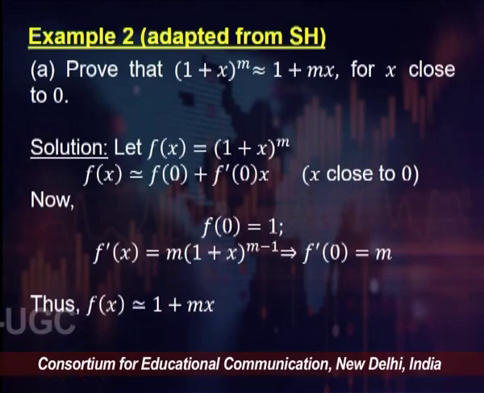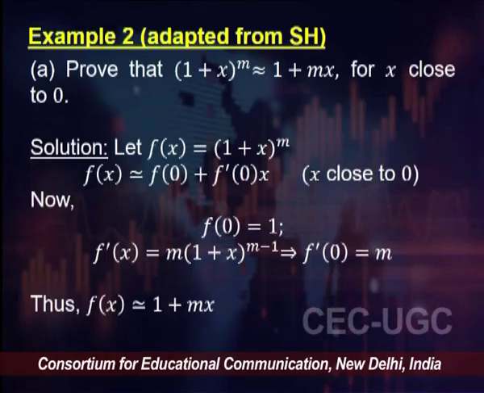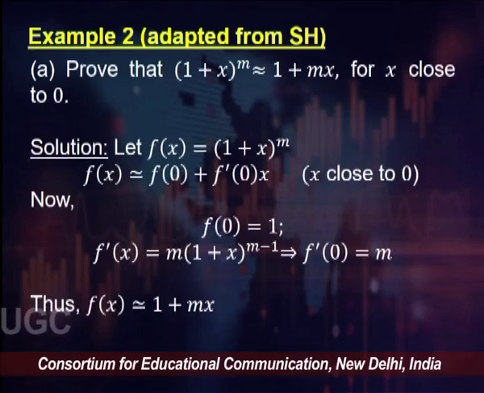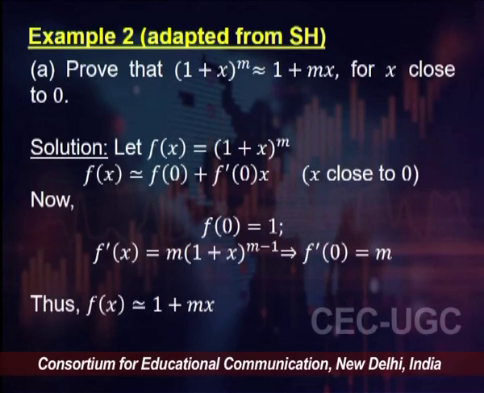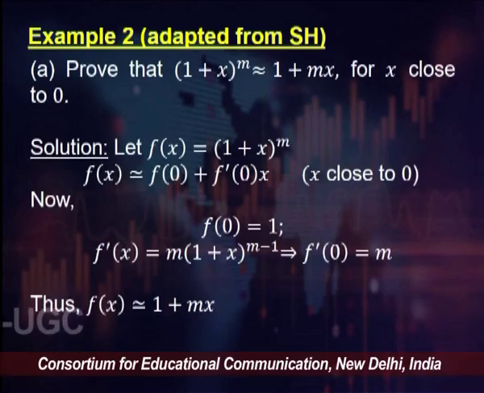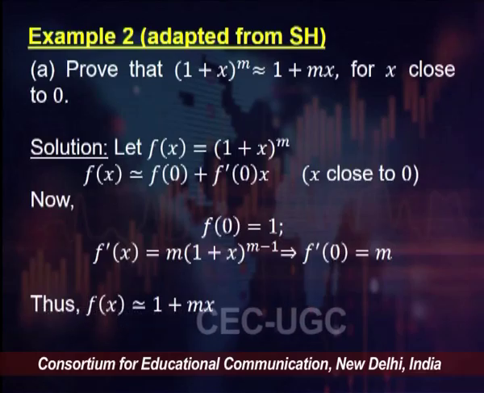Before I move on, let me just mention that whenever we take the approximations around 0, that is also called a Maclaurin's approximation, or Maclaurin's polynomial expansion. So, that is something which is just a special case of the Taylor's approximation. The Maclaurin's approximation comes in when the approximation is around 0.